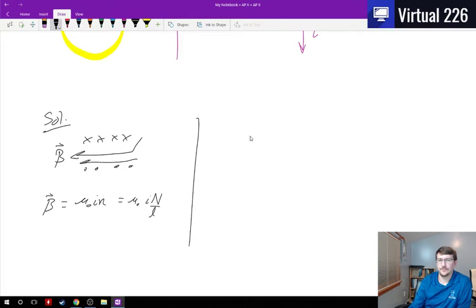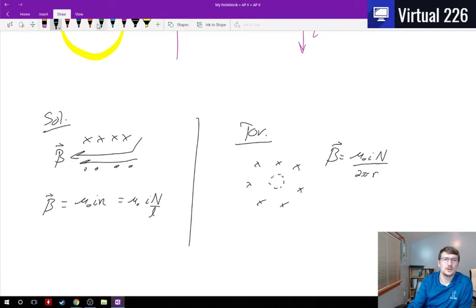And for a toroid, the equation was B equals mu naught I N over 2 pi r, where r is this distance, with this being 0 and 0.